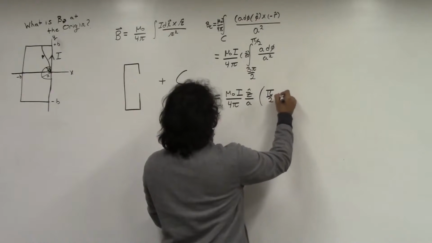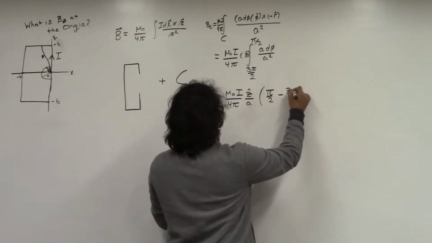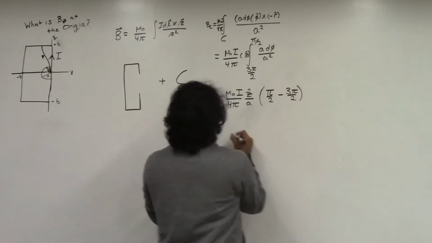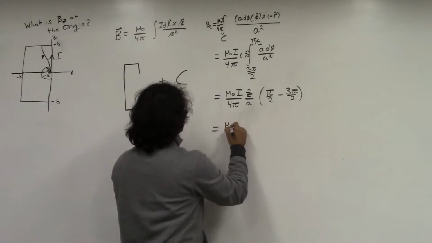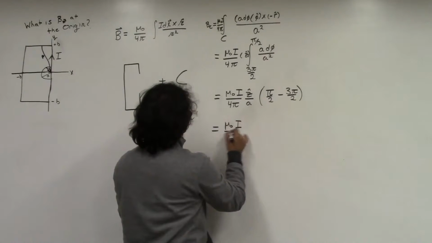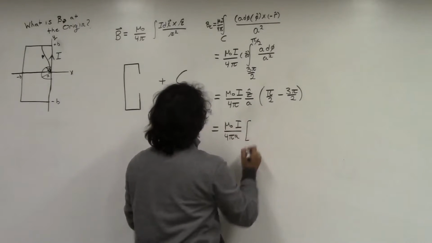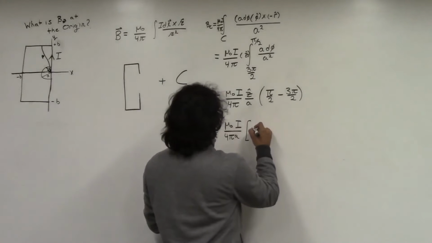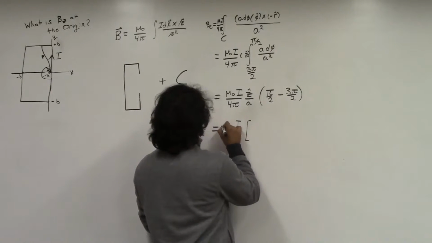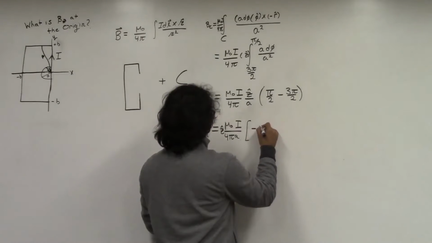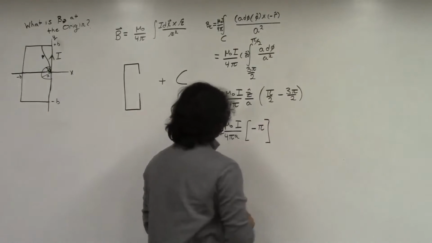Pi over 2 minus 3 pi over 2, which is just mu naught I over 4 pi a z hat times minus pi.